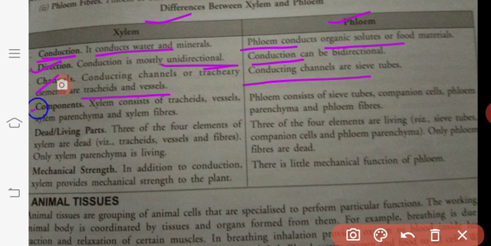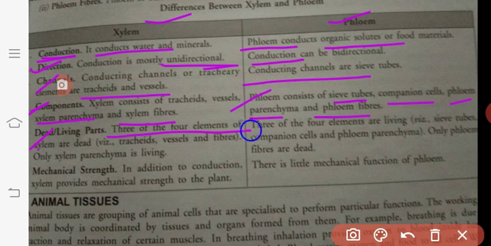Now next is component. Xylem consists of tracheids, vessels, xylem parenchyma and xylem fibers. But phloem consists of sieve tubes, companion cells, phloem parenchyma and phloem fibers. Now next is dead or living parts.